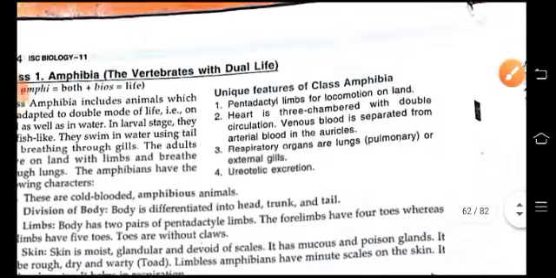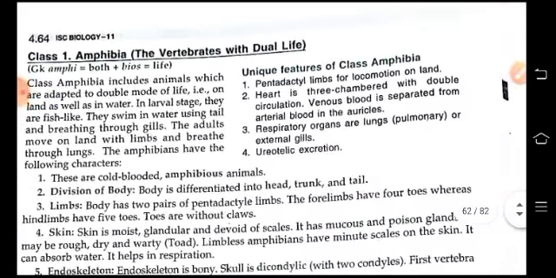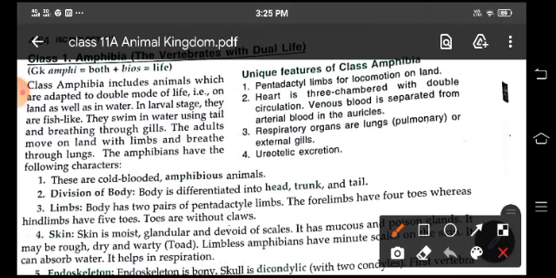Now come to class Amphibia. Class Amphibia includes animals which are adapted for life both on land as well as in water. The larval stage is fish-like and swims in water with the help of tail, and their breathing organs are the gills.